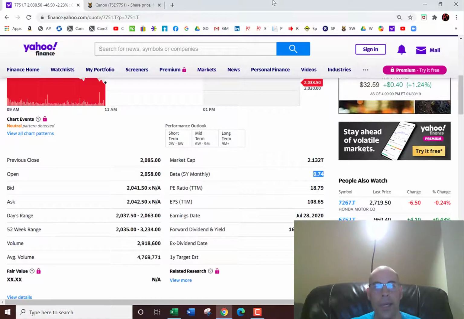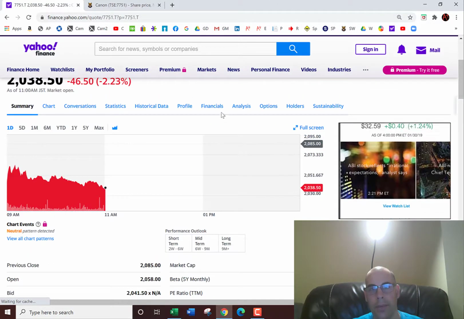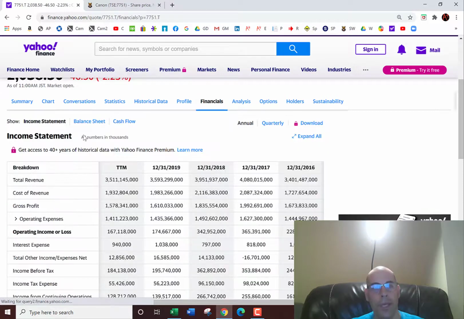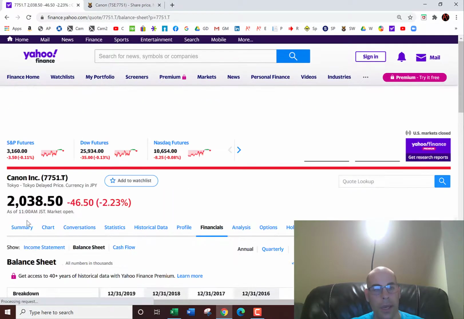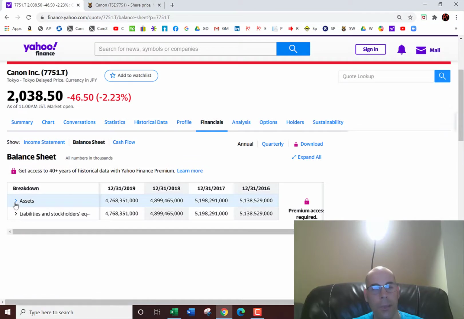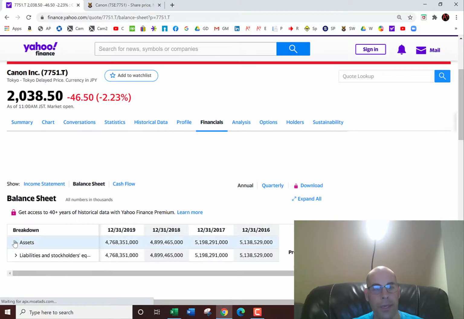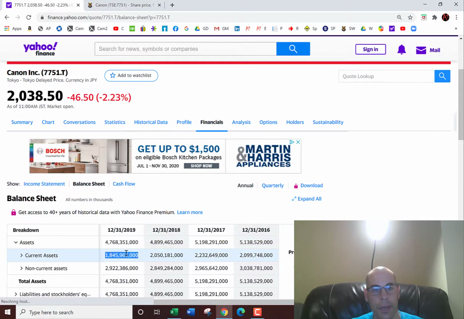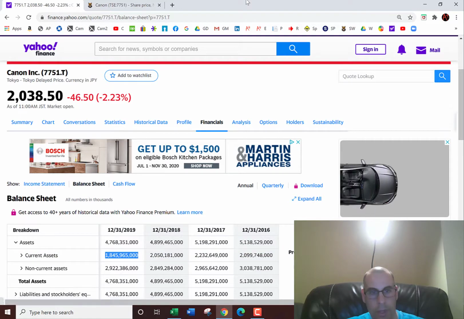Let's get their current assets because we need to look at their ratios later. We'll go back to the balance sheet. Current assets are mainly cash, accounts receivables, and inventory, and that's 1.8 trillion.